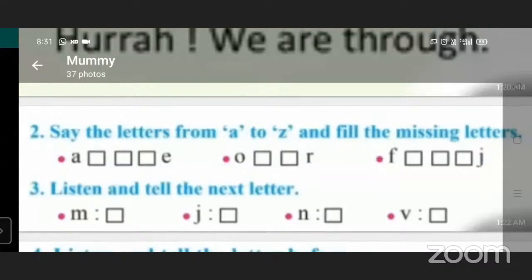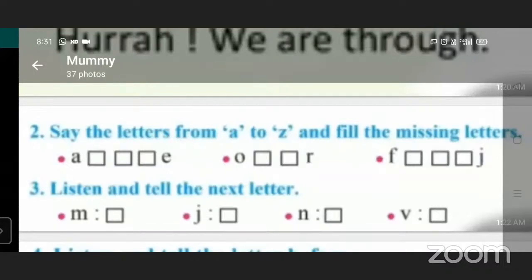B. Yes, A, B, then C. A, B, C, and in box, what we write here? E. Yes, A, B, C, D, E. Okay, very good, students.